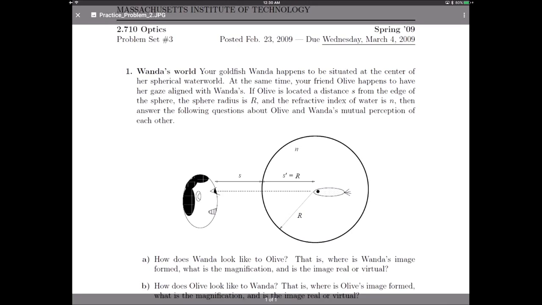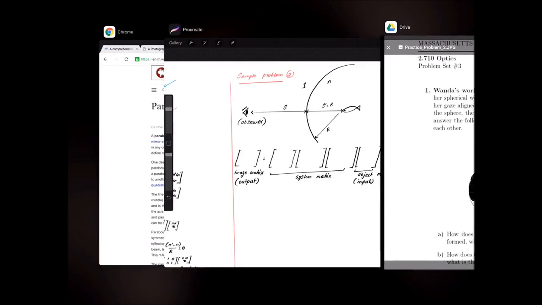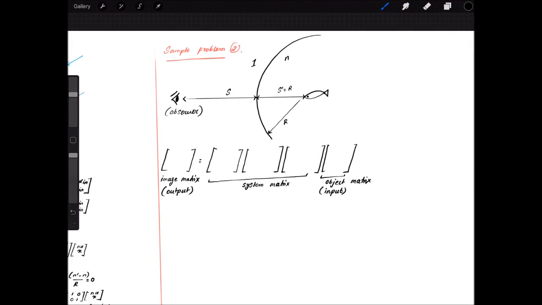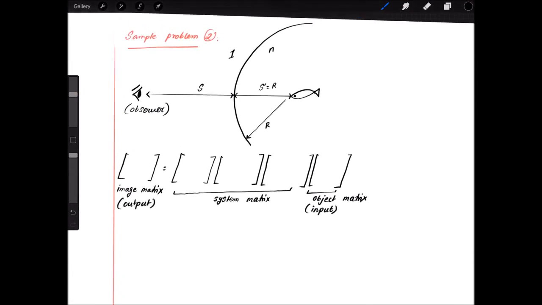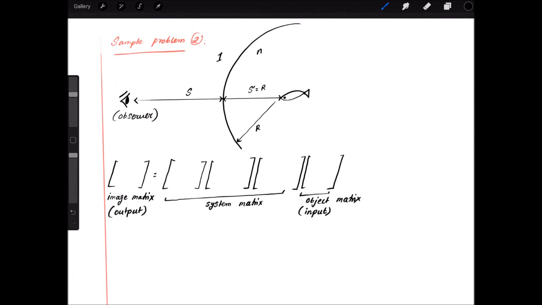First off, I did not talk about the cases for real and virtual images, but I'm going to discuss them as I work out this problem. So let's work this out, and I'll talk you through the imaging conditions. I've drawn a simple version of the problem over here with the fish and the observer. Like we just discussed, and what we remember from the previous matrix formulation cases, we're going to write the output matrix as the multiplication of a system matrix and an input matrix.